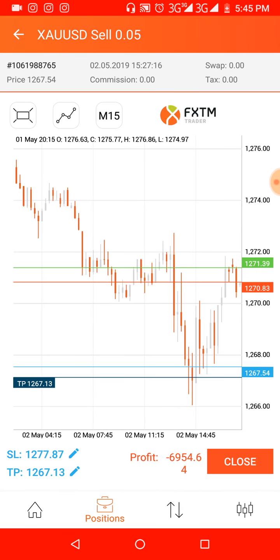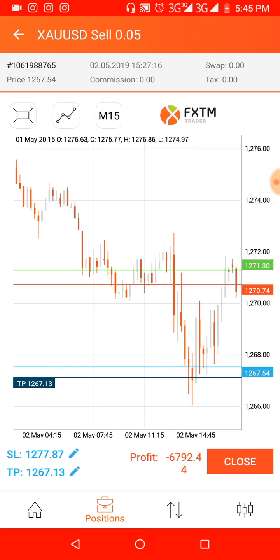If you're experiencing negative but the trade is still open, it hasn't hit stop loss. TP means take profit. SL means stop loss. It hasn't hit stop loss, it hasn't hit TP, and you're not yet making profit. Do not close the trade.